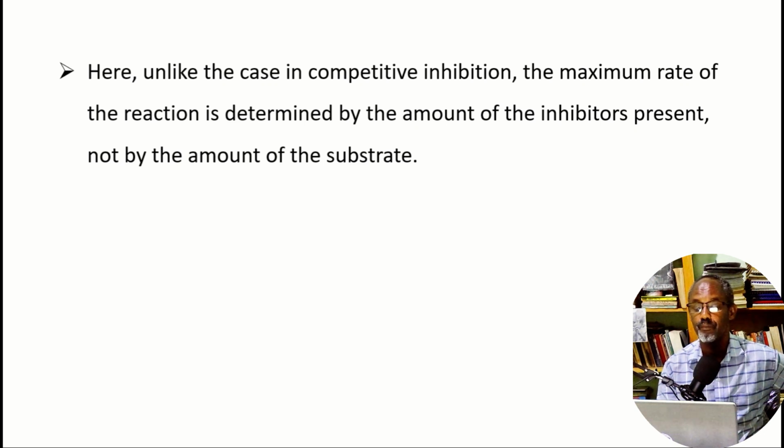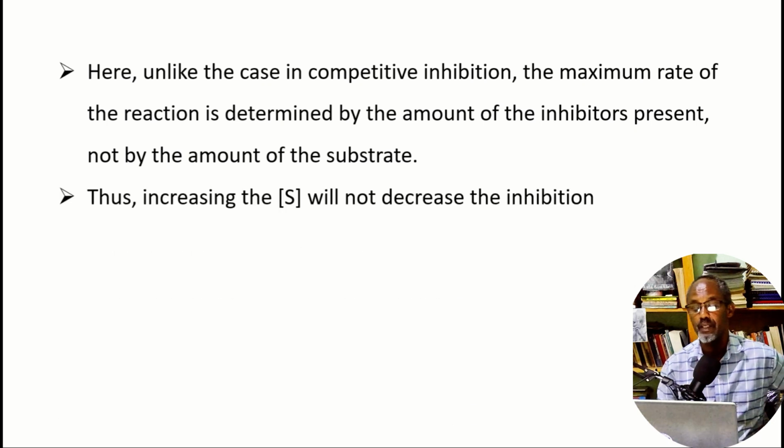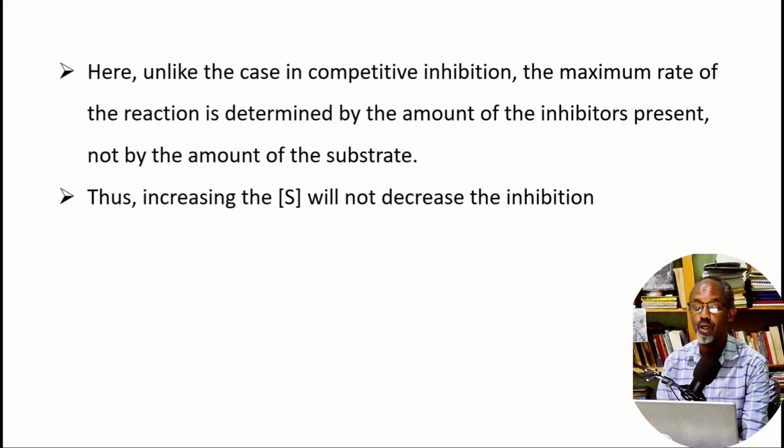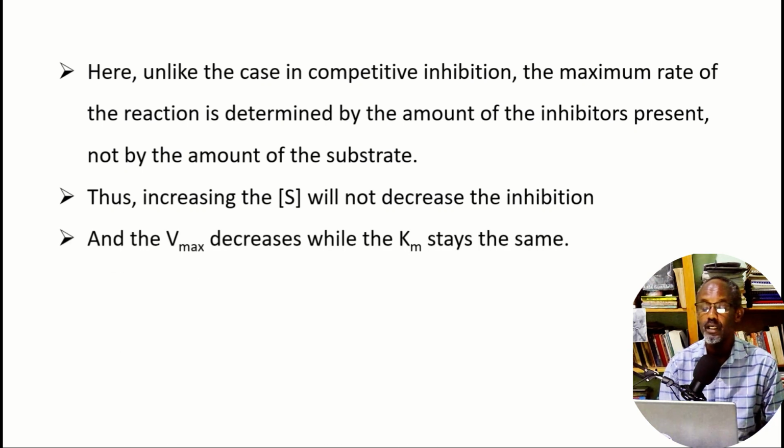Whereas in non-competitive inhibitors, increasing the substrate concentration will not decrease the inhibition. In competitive inhibitors, we have seen that increasing the substrate decreased the inhibition significantly. Here the Vmax decreases while the Km stays the same. This is the opposite of the effect of competitive inhibitors.